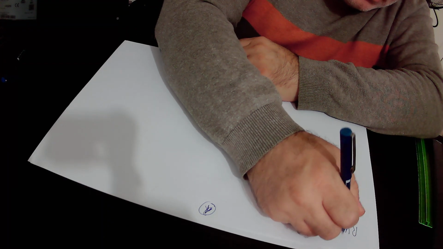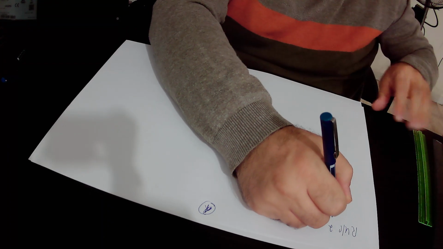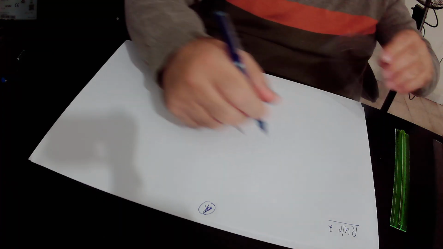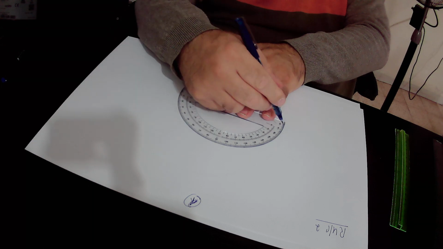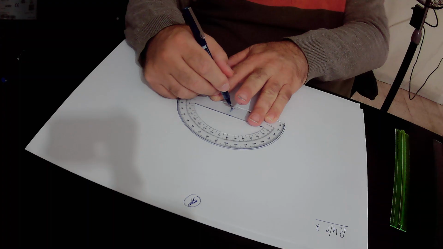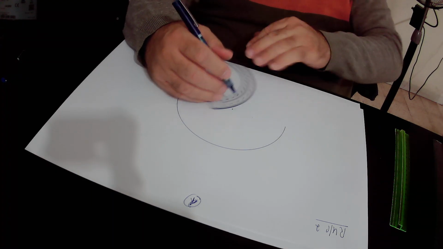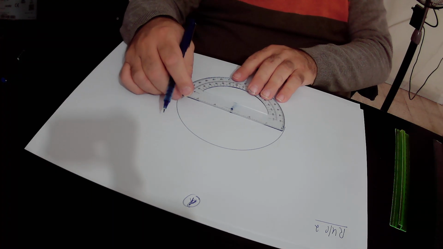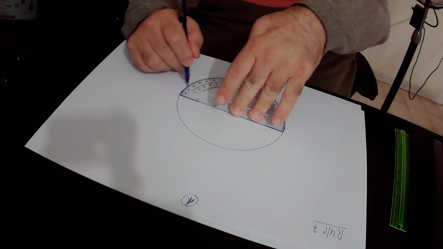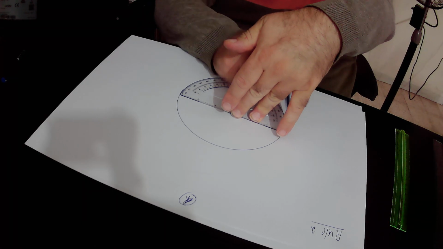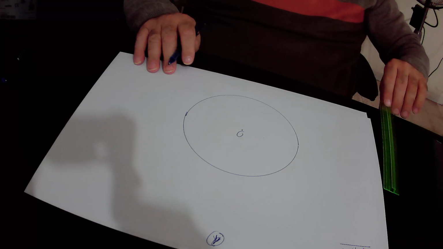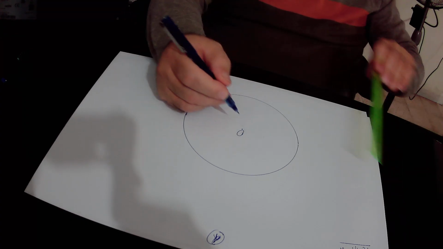According to rule number 2, we have a circle that could be any circle. The center of this circle is at this point O. Inside the circle we have chord BC.